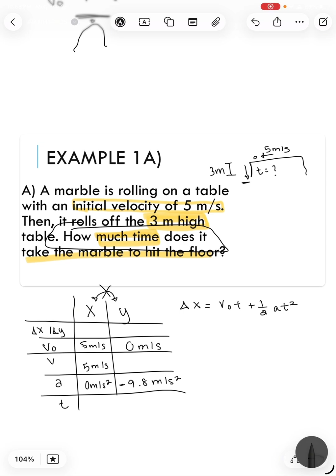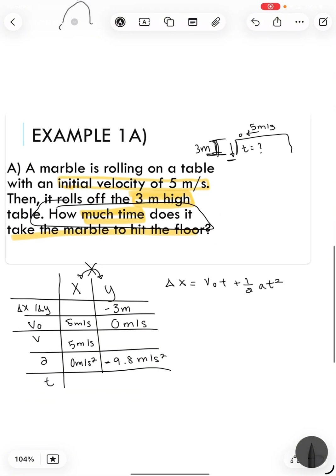So the equation we'll be using to find time is, I also forgot that it rolls off the 3 meter high table. In this case, since it's 3 meters high, we can see that it's vertical and it's rolling off, so it's -3 meters. All right, so we can change our x's in this case to delta y equals v naught y t plus 1/2 at squared.